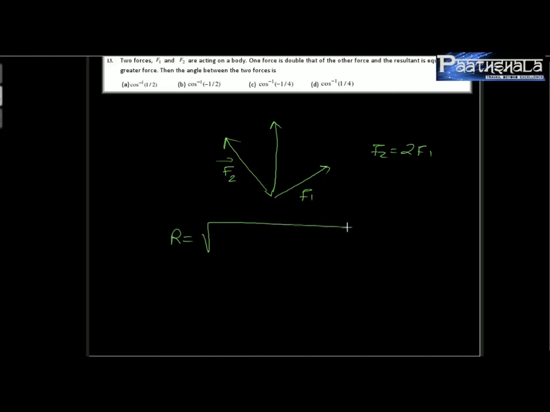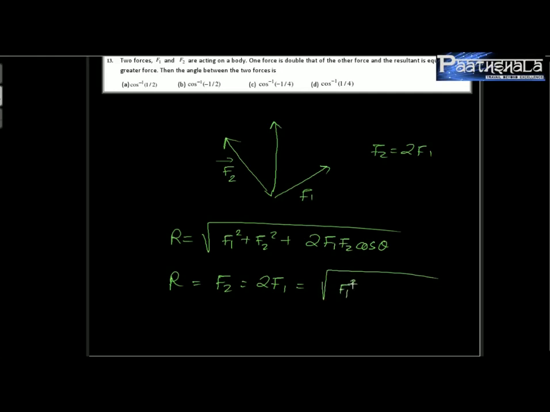So using the formula, R is equal to under root F1 square plus F2 square plus 2 F1 F2 cos of theta, and substituting F2 as 2 times F1, as given in the question, we get R is equal to under root F1 square plus 4 F1 square plus 2 F1 into 2 F1 into cos of theta.